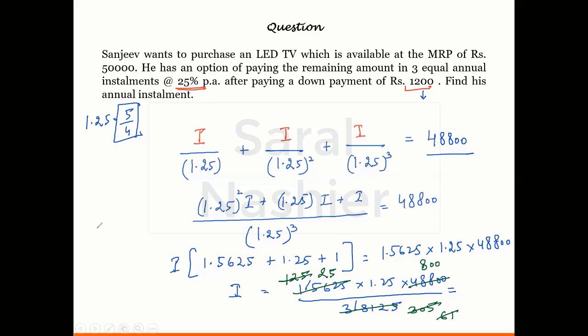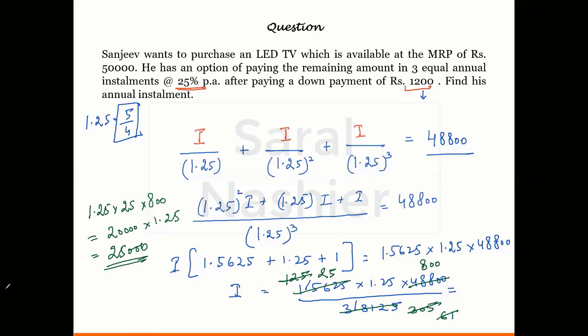So ultimately my installment becomes 1.25 into 25 into 800. 25 into 800 will be equal to 20,000, and 20,000 into 1.25. So I think 25,000 rupees comes out to be the annual installment.